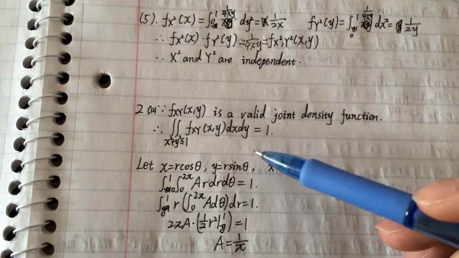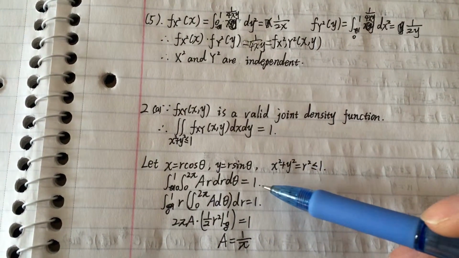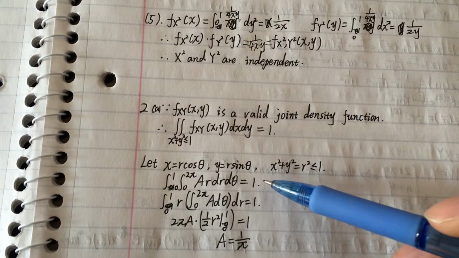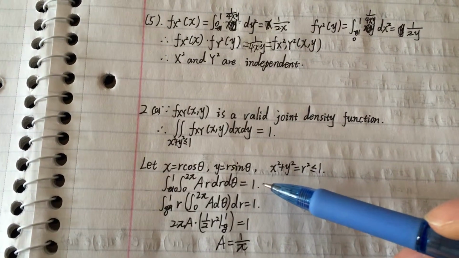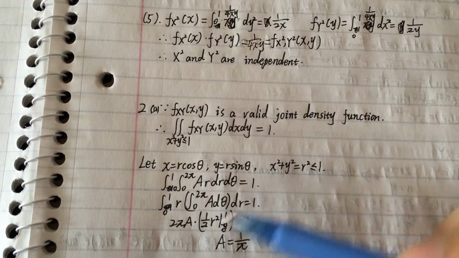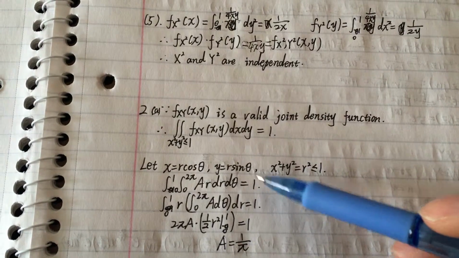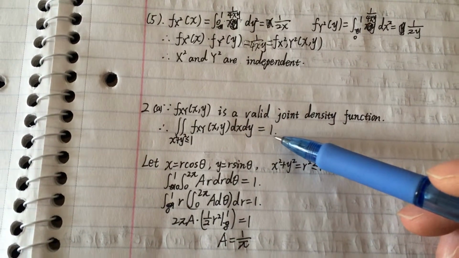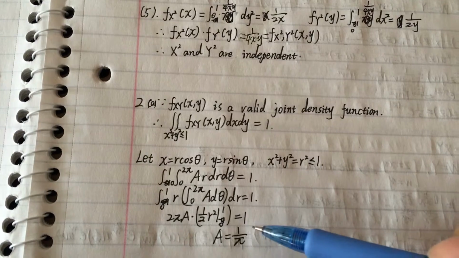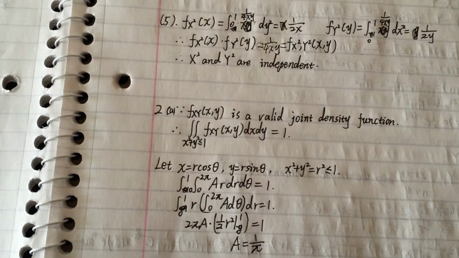And so we can get this expression through both equations. So we can get a equals 1 over pi.